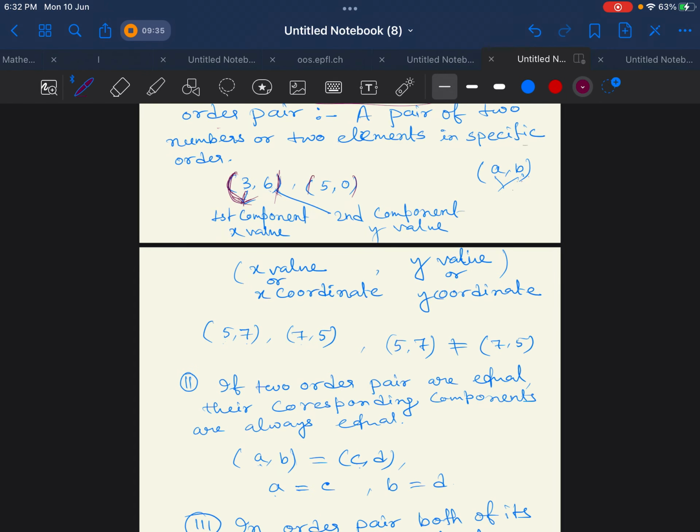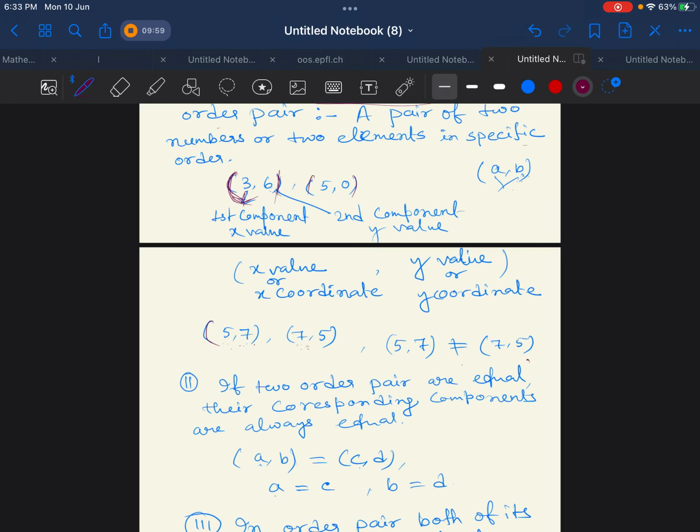Let's take an example: (5, 7) and (7, 5). Here we see (5, 7) is an ordered pair and (7, 5) is another ordered pair. But here the first component is 5, here the first component is 7.